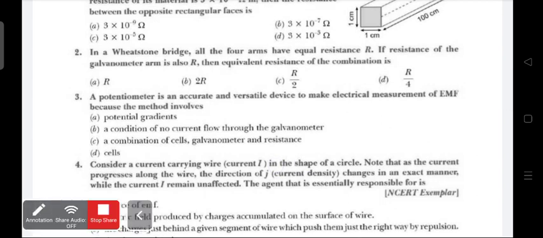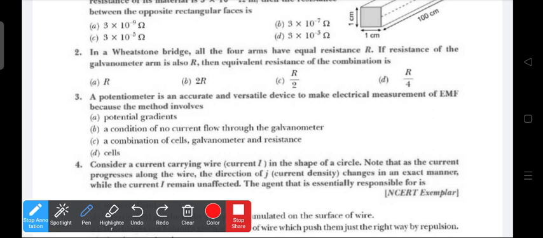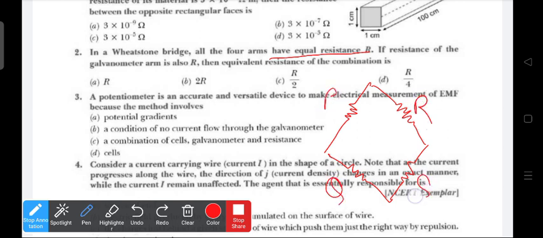In a Wheatstone bridge, all the four arms have an equal resistance R. So what do you mean by a Wheatstone bridge? If you just see this question, your mind should immediately strike to this figure, because this is the ideal figure for the Wheatstone bridge. Here are P, Q, R and S. These are the standard, and what I know is P by Q equals R by S. Under which condition?